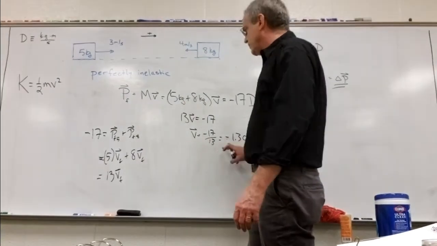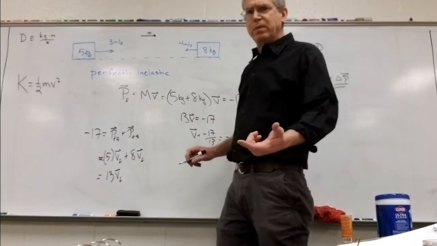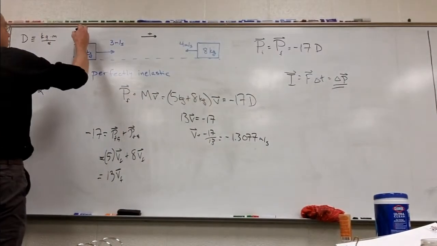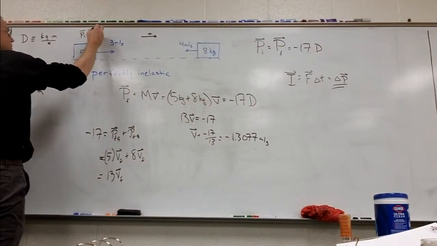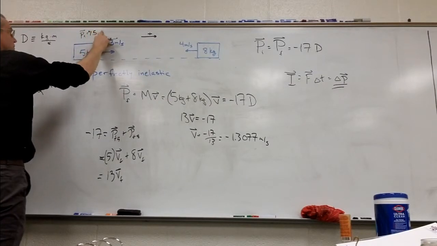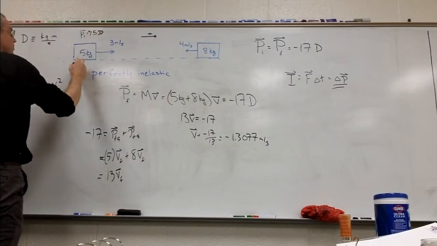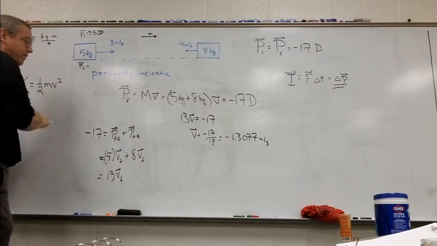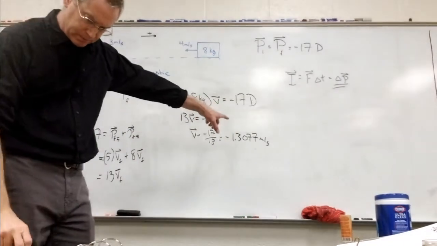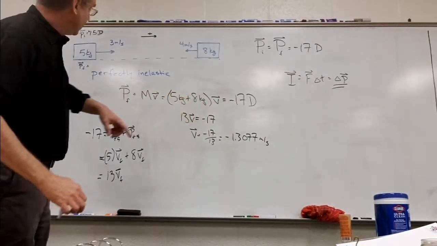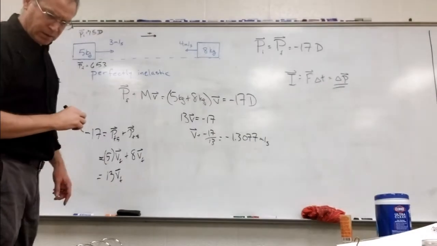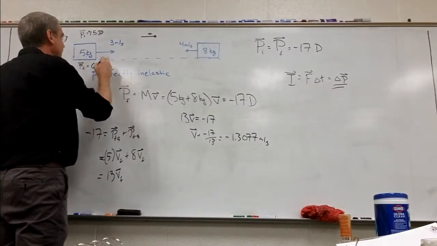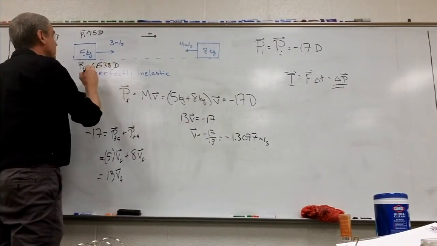But looking at it from this point of view, finding impulse is a little bit simpler. Now that I know what this is, we can figure out the momentums before and afterwards. So the initial momentum for this one was positive 15 Descartes. P final was going to be 5 times the final velocity, which is negative 6.538 Descartes.